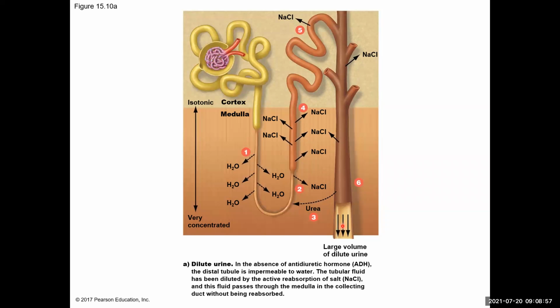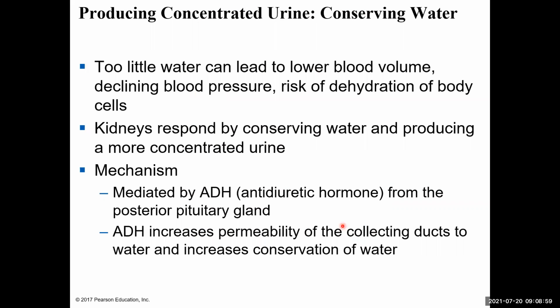Now, if you have too little water in your body, say you're dehydrated, you can have a lower blood volume as a result because of the low amount of water in your body. And the kidneys respond to this low amount of water volume in the body by conserving water and producing a concentrated urine.